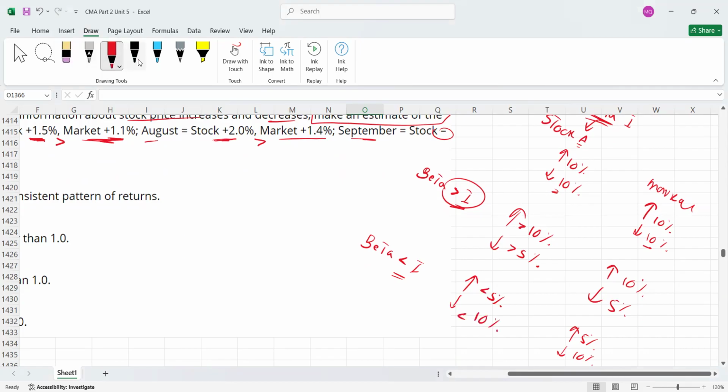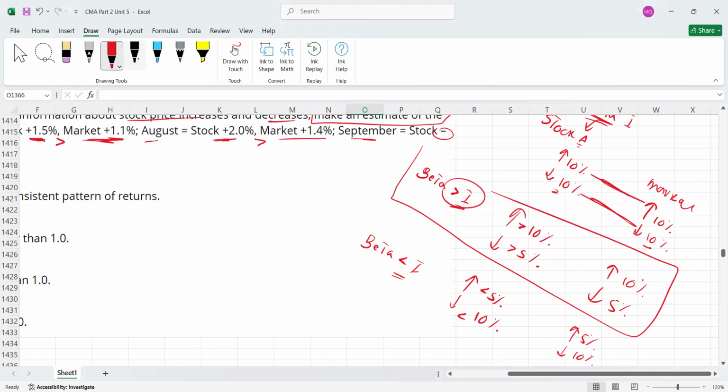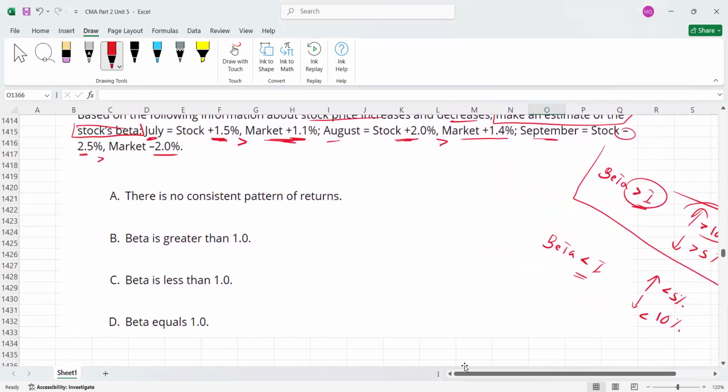Now tell me, in the scenario in the question, this is what is happening, right? The proportion of change is not the same. It is different. If the market has increased by 10%, the stock price is moving by a greater percentage. You can realize here, the stock has increased by 1.5% and the market has increased by only 1.1%. See, right? So this scenario is there, whatever I was telling you.